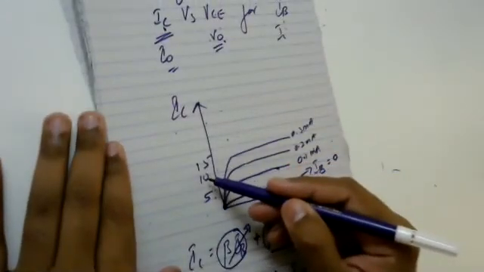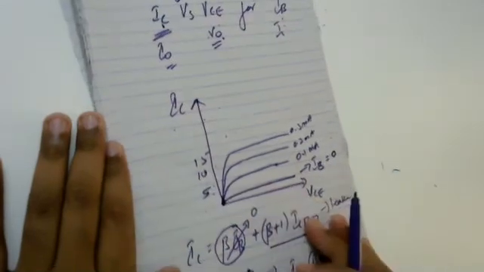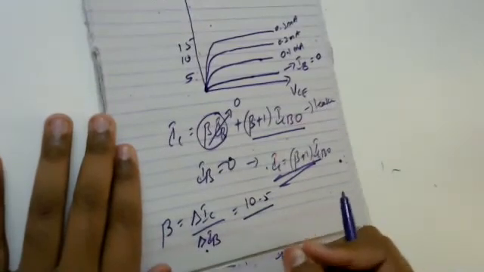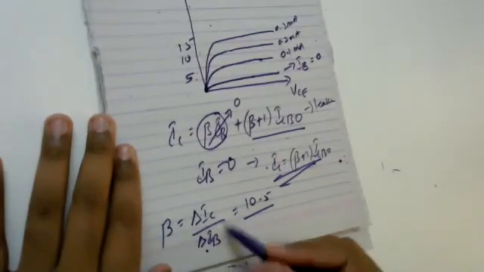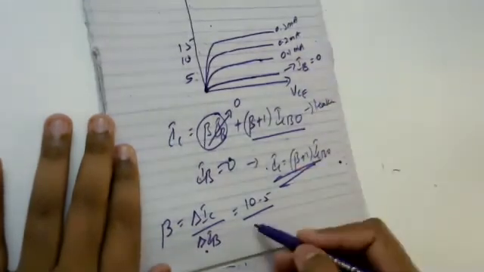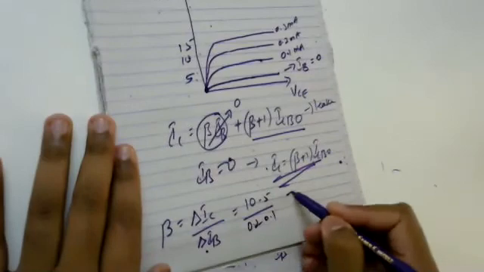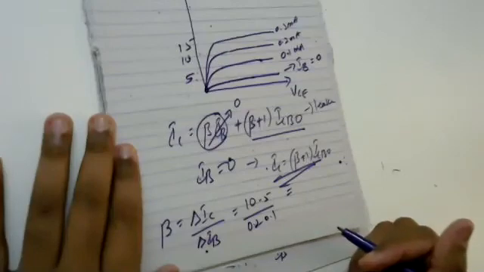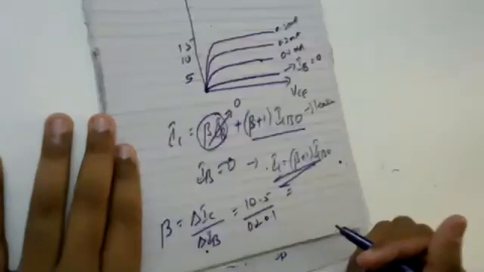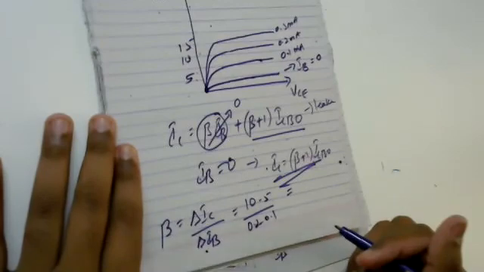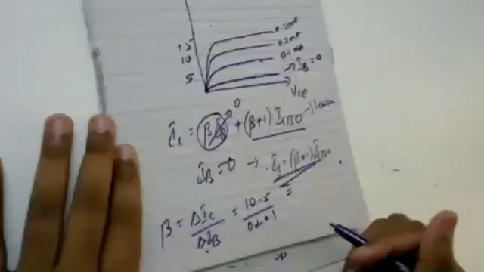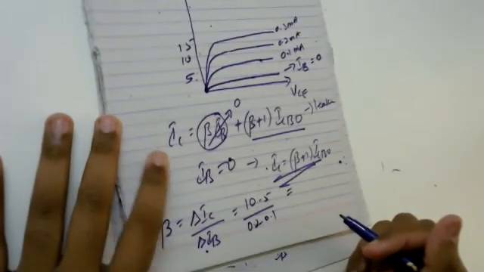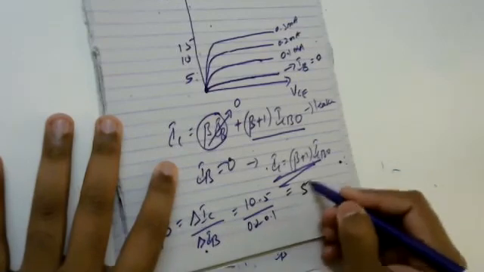So change in the value of IC is 10 minus 5, divided by the change in IB, which is 0.2 minus 0.1. What's the answer of this ratio? Yes, the answer will be 50, right?